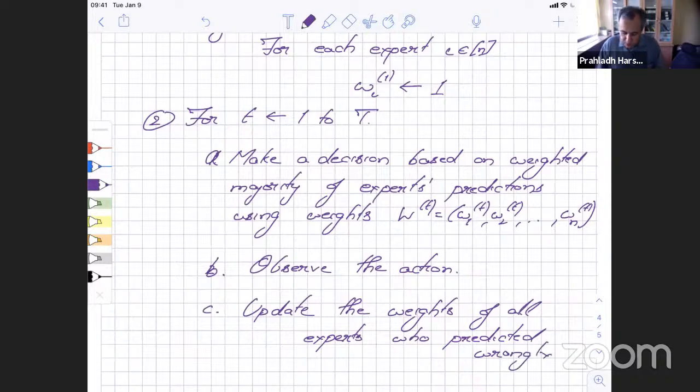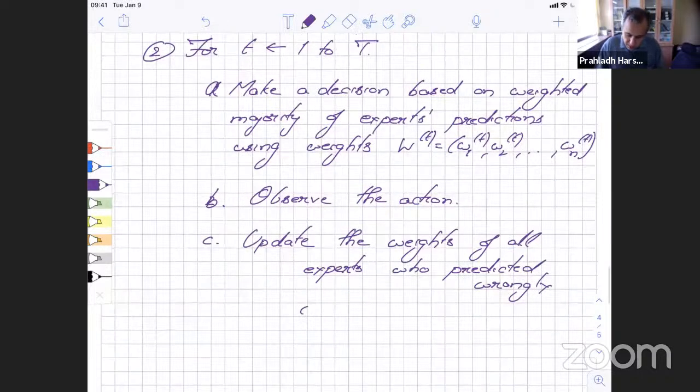What's the update we'll do? We will say w_i^(t+1) equals w_i^t times half. I'm just going to lower their weight.